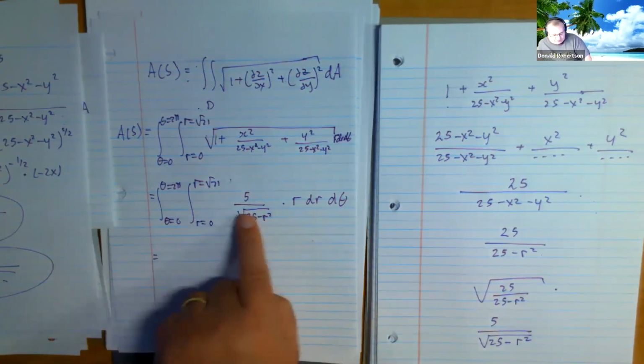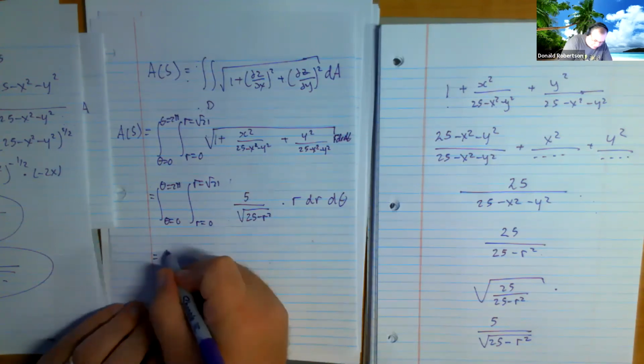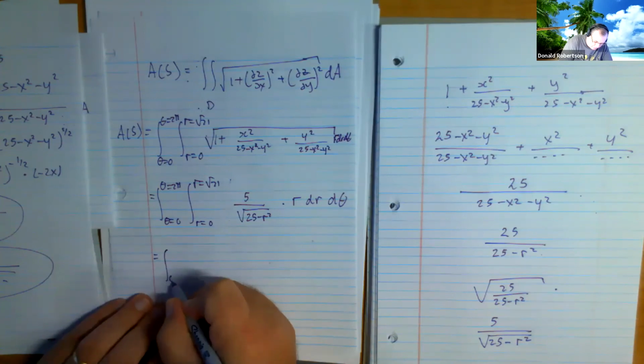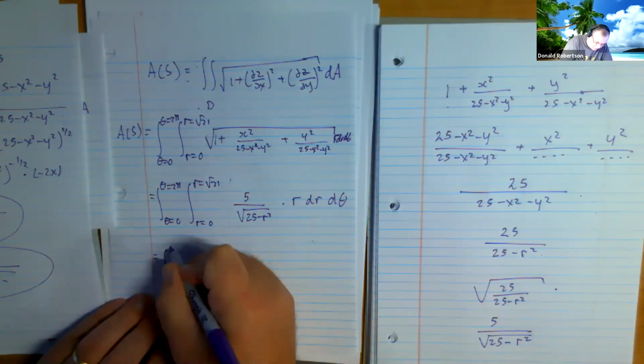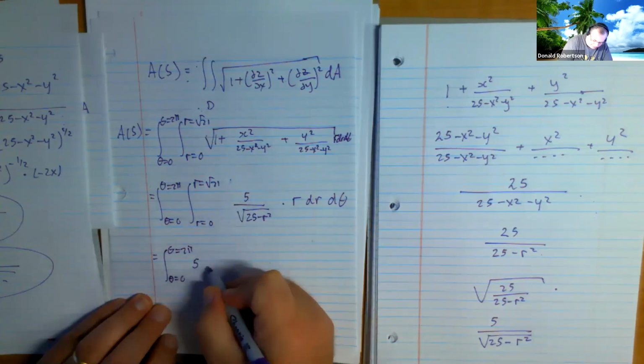Is this a variable separable situation? So I'm going to do the integral from theta equals 0 to theta equals 2 pi. I'll give it the 5.